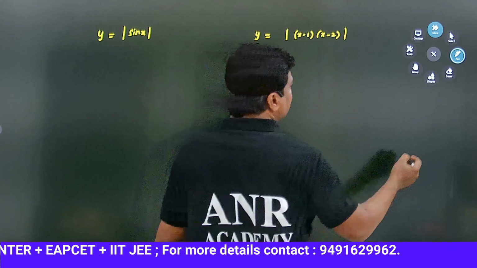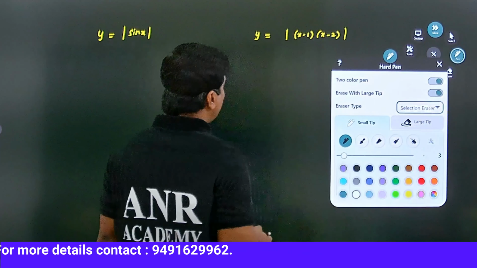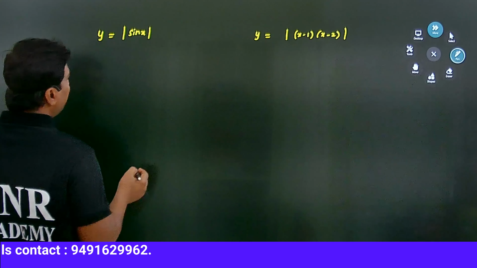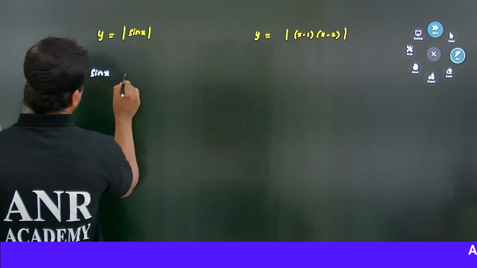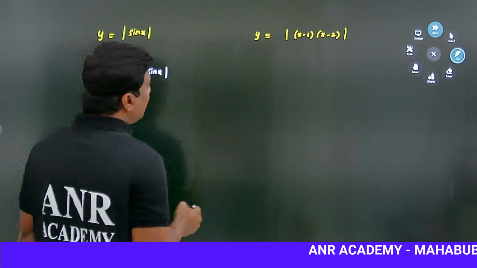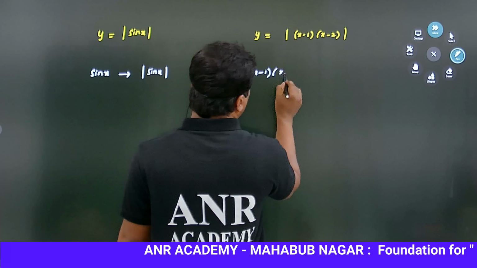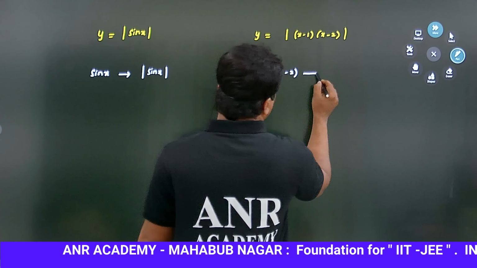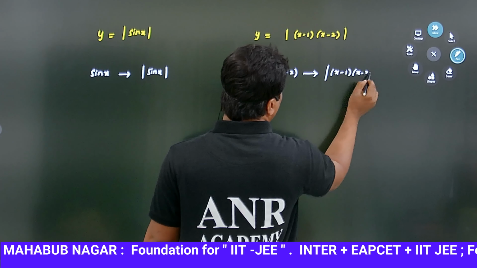What happens? Observe. You are familiar with the graph of sin x, and from the graph of sin x you have to transform to modulus sin x. And here is a parabola, (x minus 1) into (x minus 2). From this you have to transform to modulus of (x minus 1) into (x minus 2).